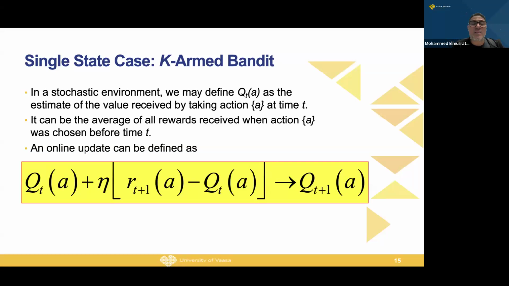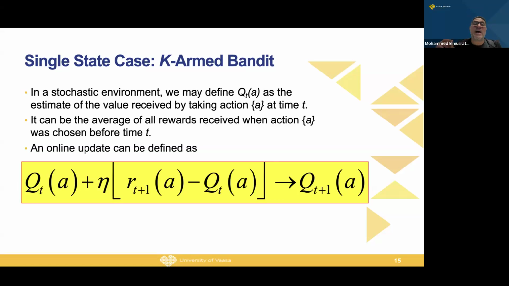What is RT plus 1 of A? RT plus 1 of A is the actual reward you get by taking action A. It means that you take action A, and what you actually received you put here as RT plus 1 of A. What is eta here?